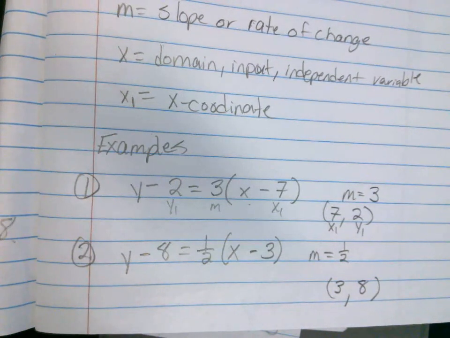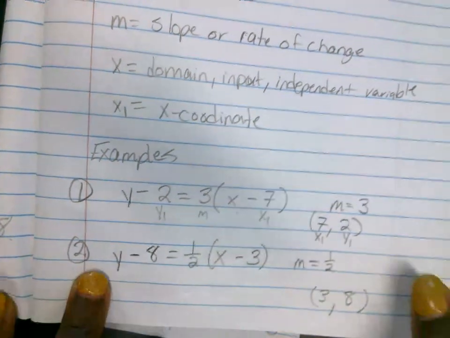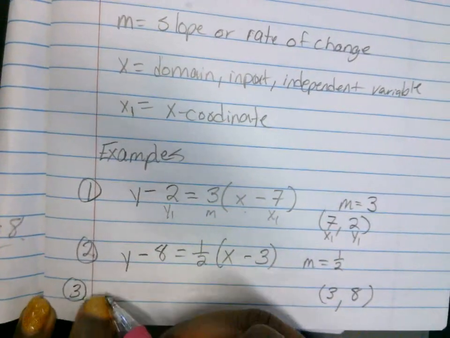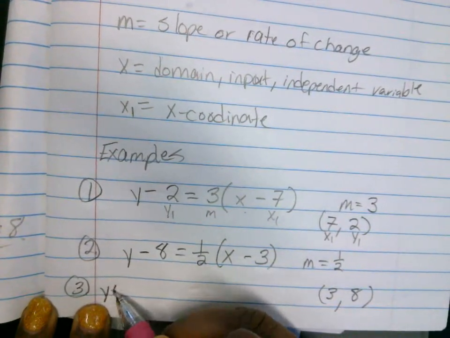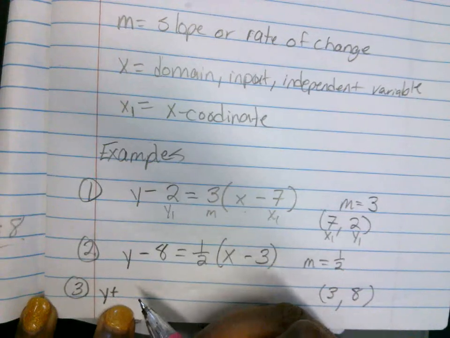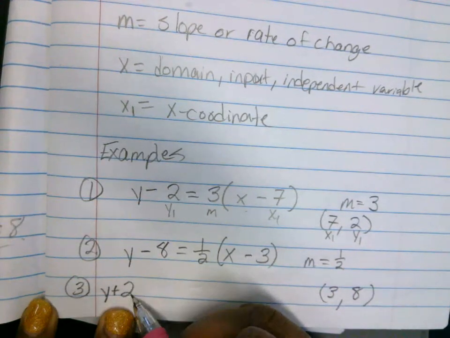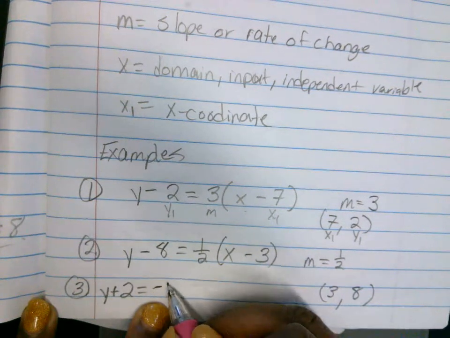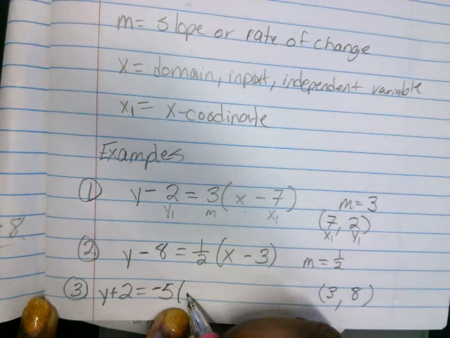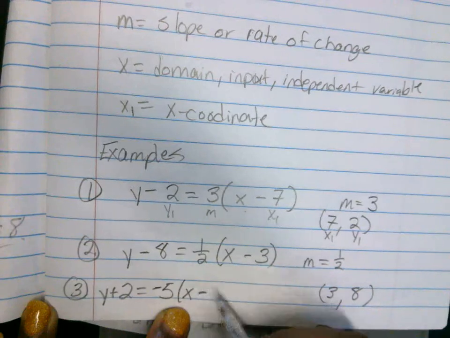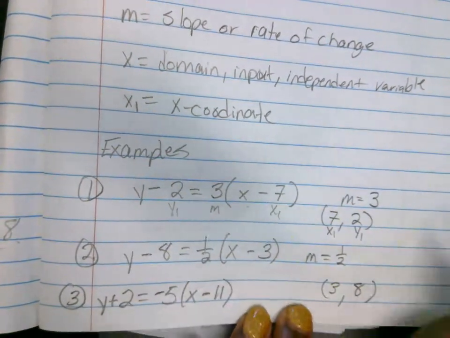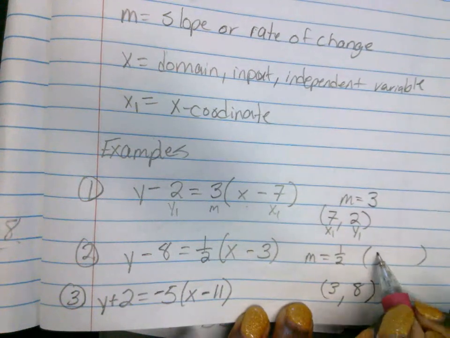Let's try another one. Okay. Y, let's do plus this time. I'm going to trick you a little bit. Y plus 2 equals negative 5 parentheses X minus 11.